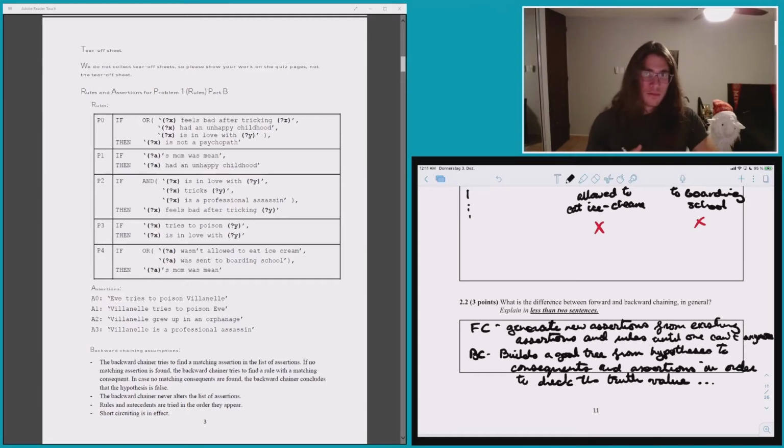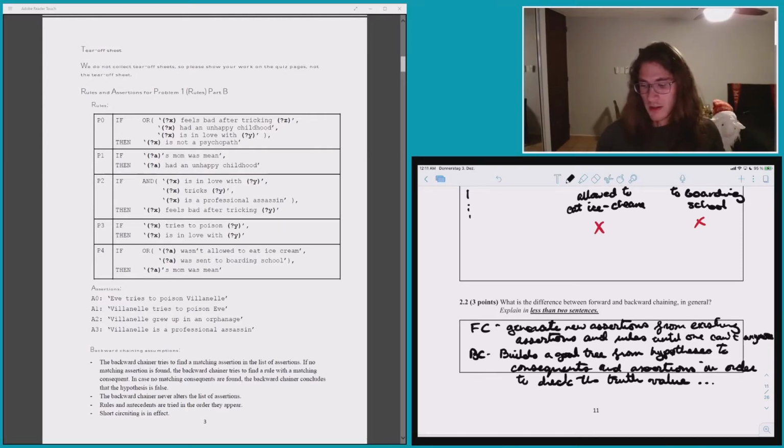Forward chaining is not goal driven. Forward chaining will produce new assertions until no more assertions can be produced, and if you were looking for a particular assertion, you can search through the list of assertions after the fact.